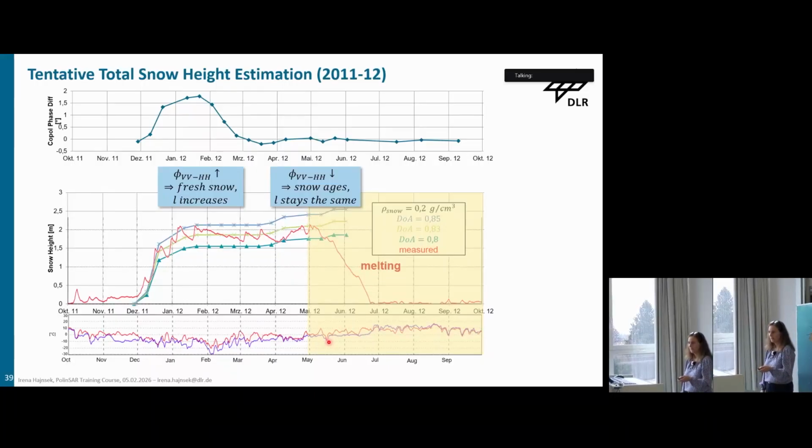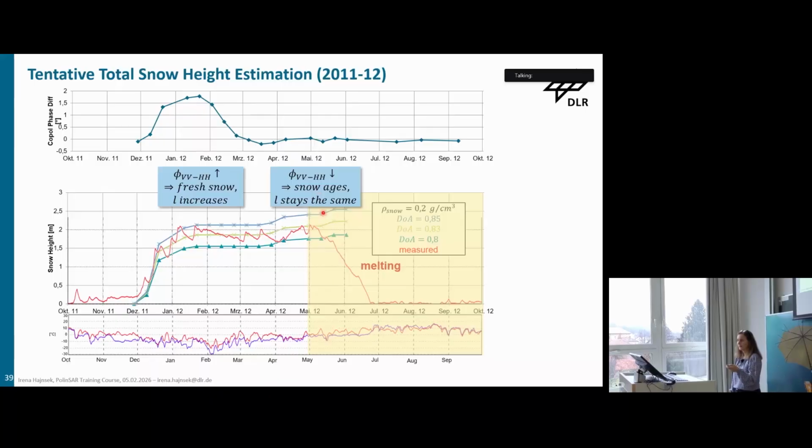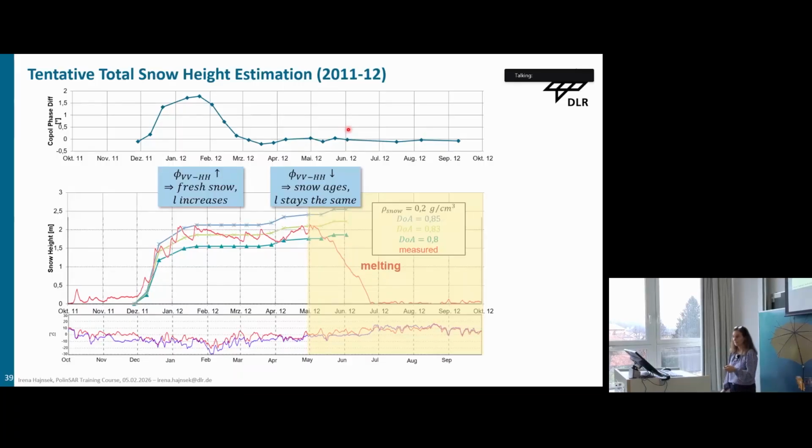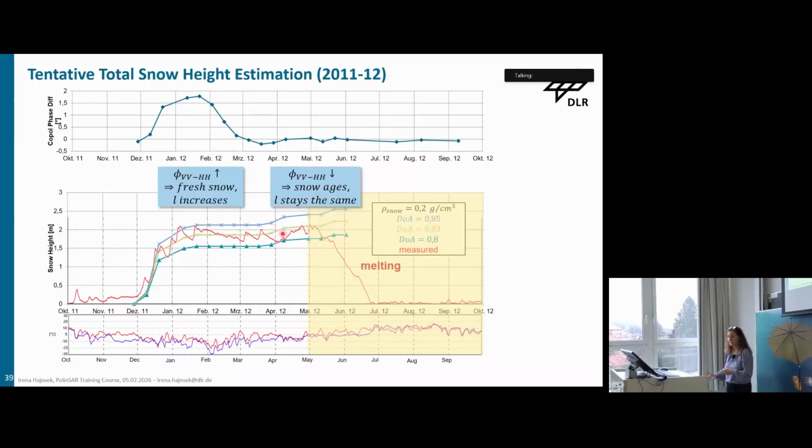And you see it already, therefore you have the plateau here also, and you see it here too, right? It's not only that the plateau is there because the snow is aging, right? But this is the same signal as if you would have melting ongoing, right? This is a little bit confusing. This needs to be taken care of. But the model can then say whether it's really the height, in this case, or whether melting is ongoing.